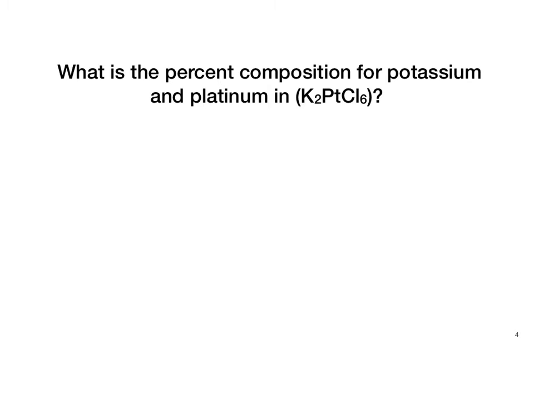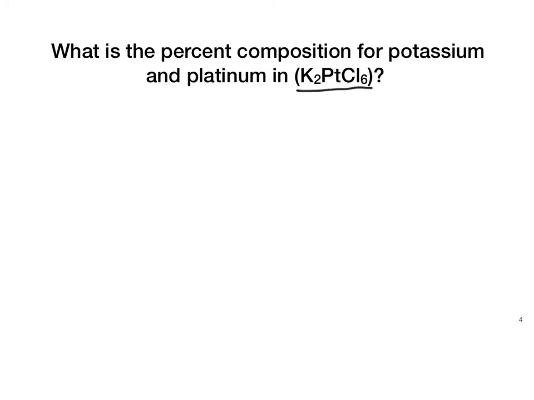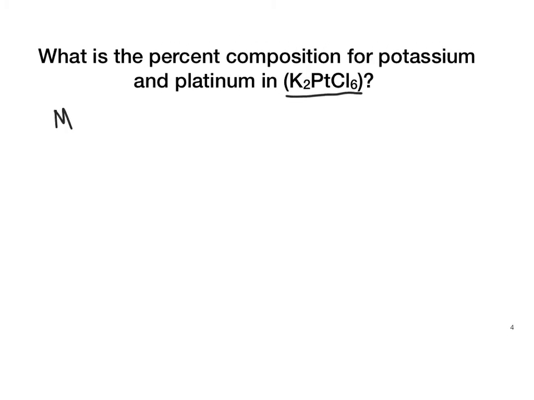In this next example, we're going to again calculate the percent composition. We want to think about the composition for platinum and potassium. We are given a formula here, so we need to first calculate the molecular weight. There are 2 potassiums, 1 platinum, and 6 chlorides.